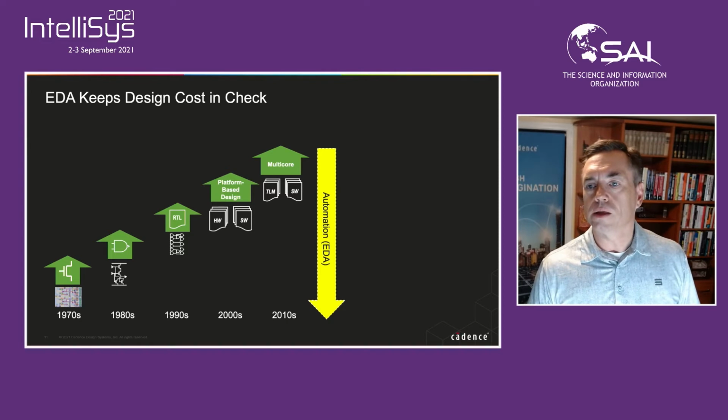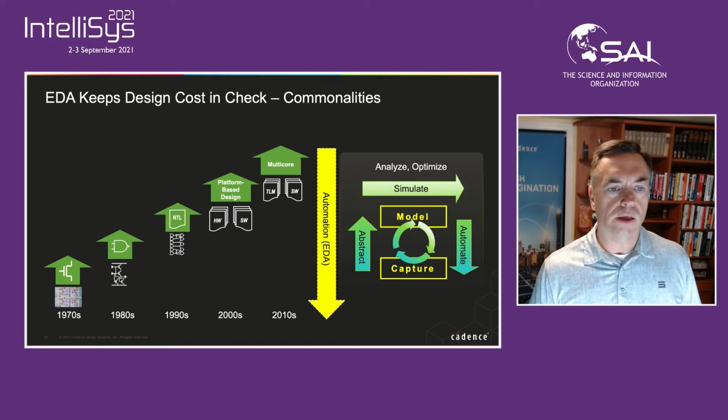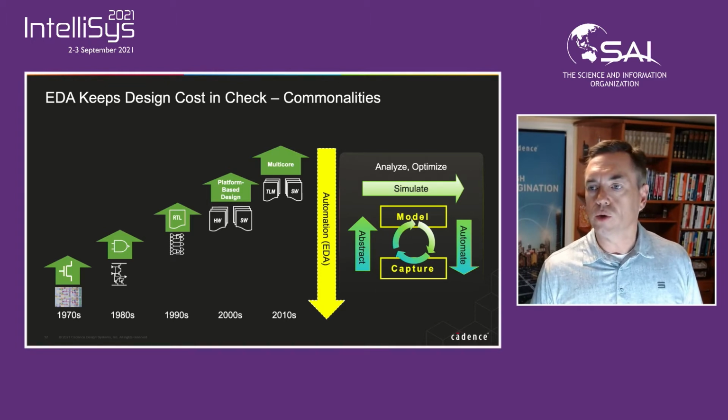And the way this flow automation always worked in the past is that we would abstract the lower level of abstraction into a model at the next level.